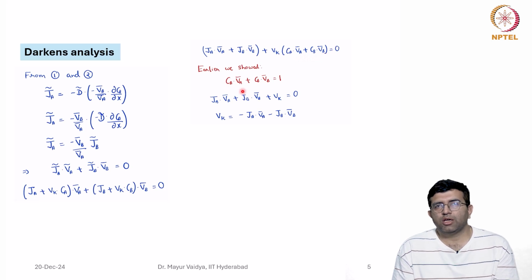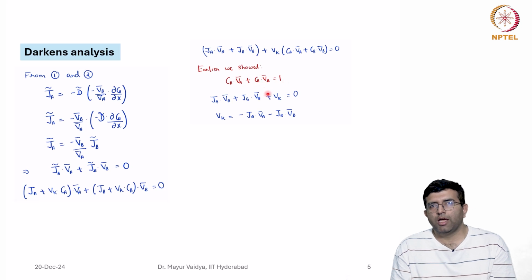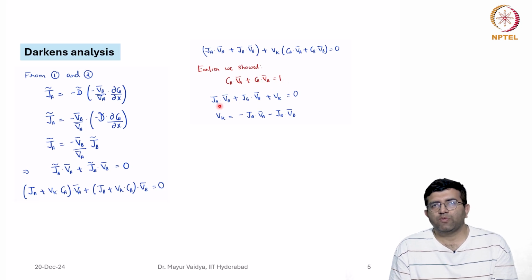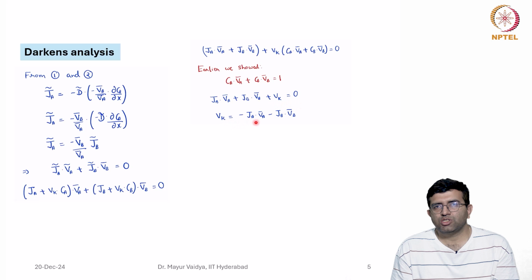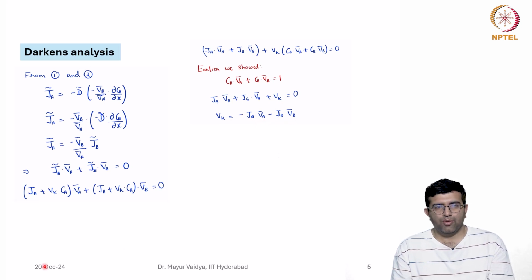Now, we showed a couple of slides back that this quantity is equal to 1. Therefore, you have J_A into V_A bar plus J_B into V_B bar plus V_k is equal to 0. So V_k can be written as minus J_A into V_A bar minus J_B into V_B bar.